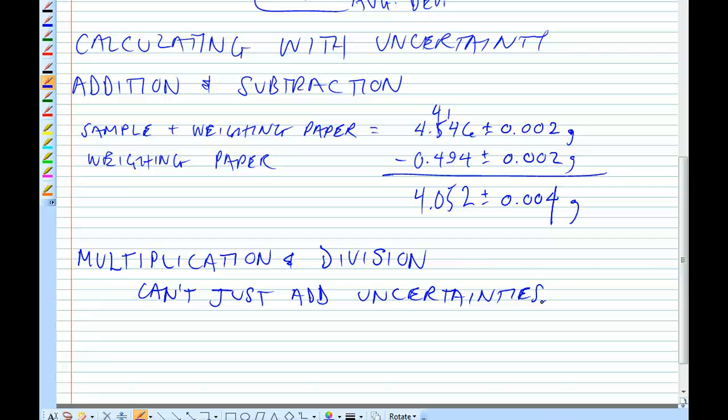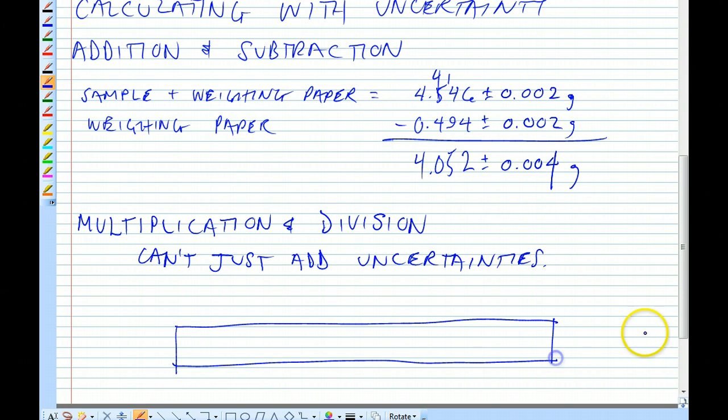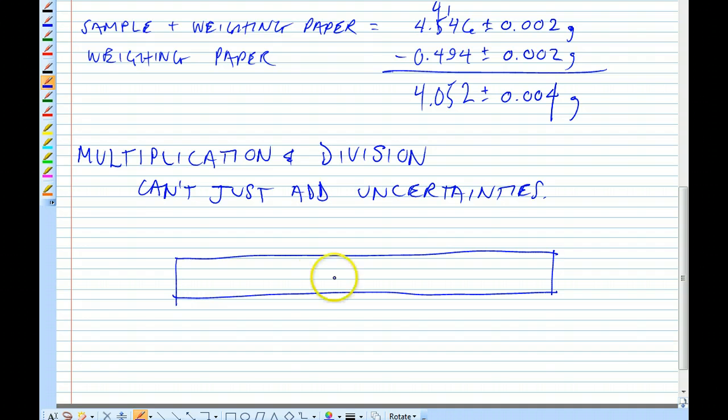But let's look in a little more detail, even if we have the same units, we can't just add them. Let's say I'm measuring an object that's something like this, and I want to know the area. I find out it is 10.0 plus or minus 0.1 meters.